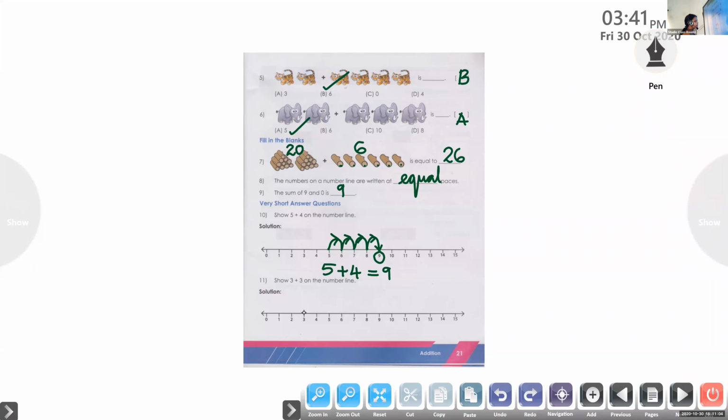Then how many jumps, Albin? 3. 3 to 4, 4 to 5, 5 to 6. So where do we reach? 6. So 3 plus 3 is equal to 6.